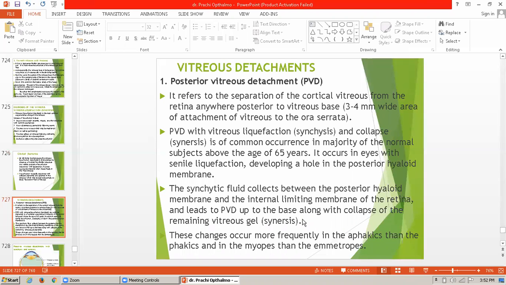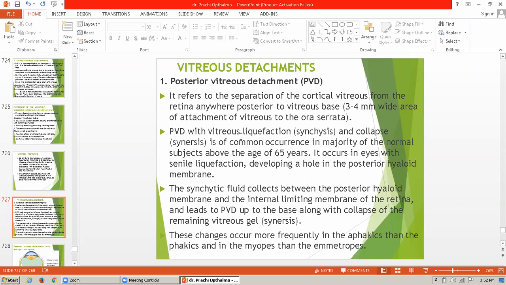Then, vitreous detachment. The first one is posterior vitreous detachment, that is PVD. PVD refers to the separation of the cortical vitreous from the retina anywhere posterior to the vitreous base, that is the 3 to 4 mm wide area of attachment of the vitreous to the ora serrata.